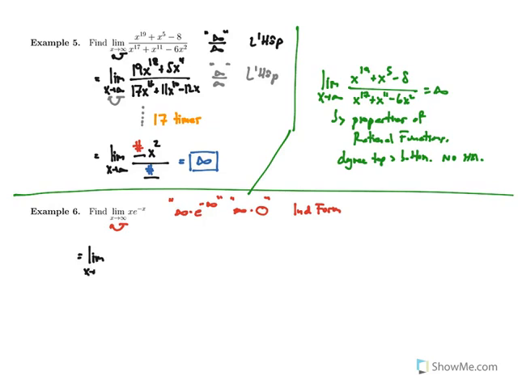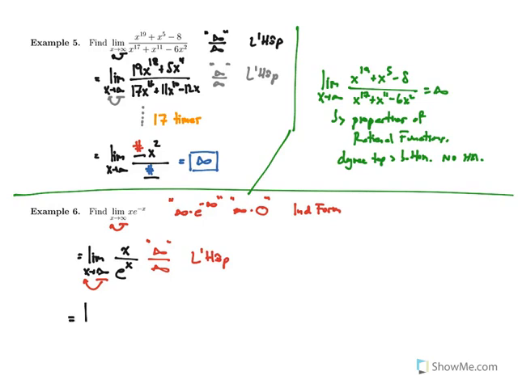And this one is kind of staring us in the face: we could write this as x over e to the negative x, or e to the positive x. And here, when you plug in infinity, you get infinity over infinity. And this we can use L'Hopital's rule on.